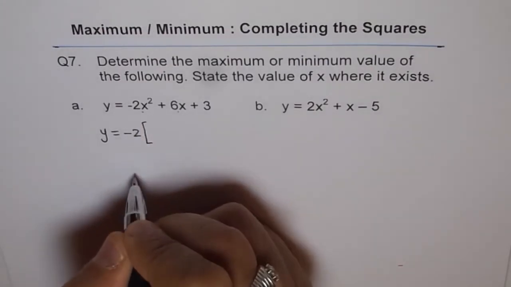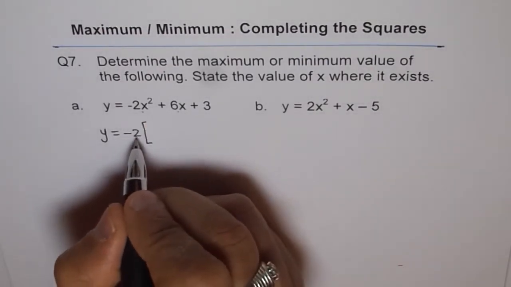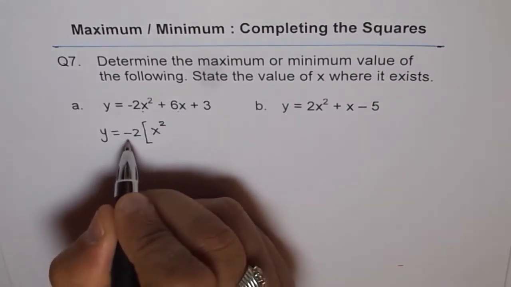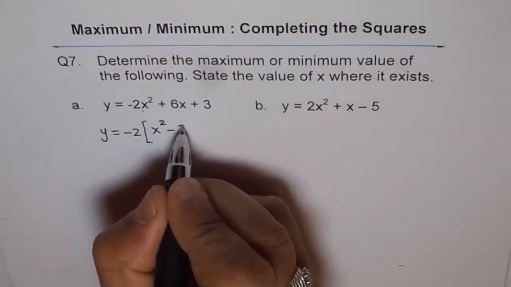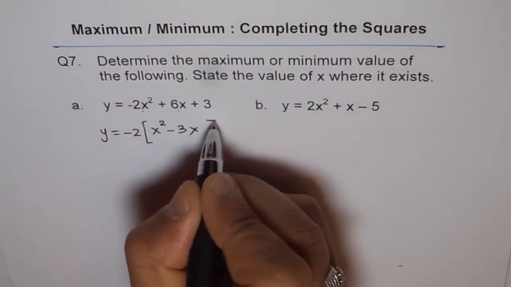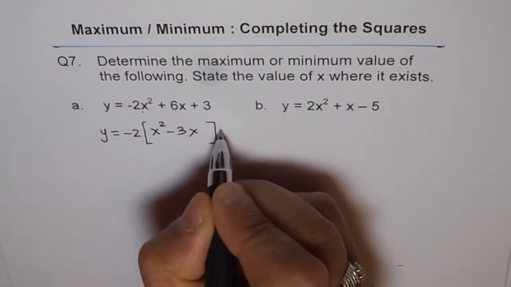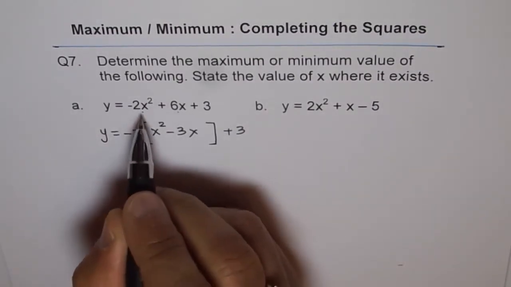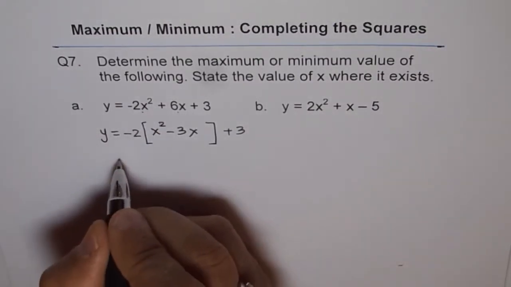So put square brackets here and then factor minus 2. So you get x squared, 6 divided by minus 2 is minus 3, so you get minus 3x, correct. Keep this constant separate. So we'll keep 3 separate. So factor only from the first two terms.